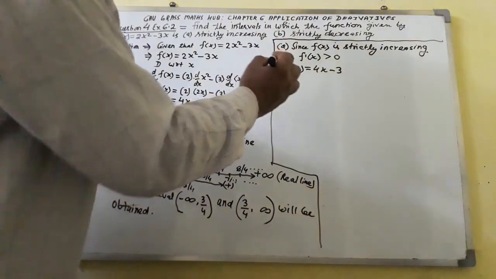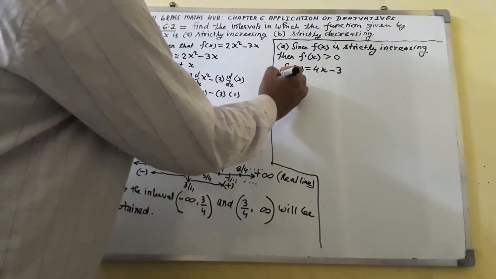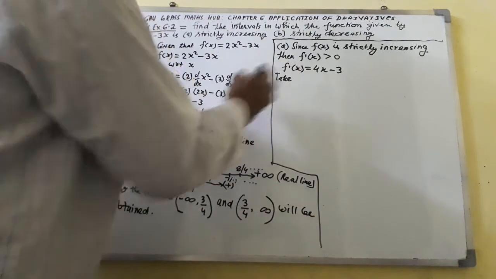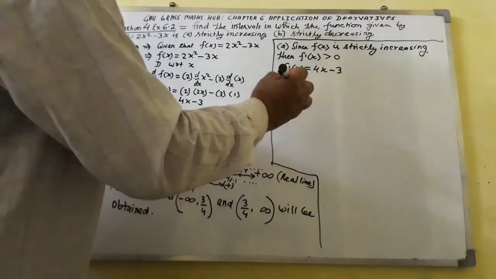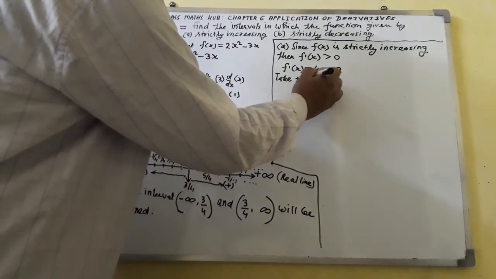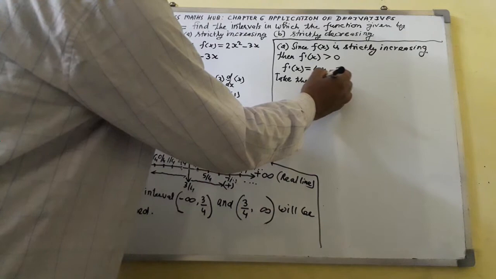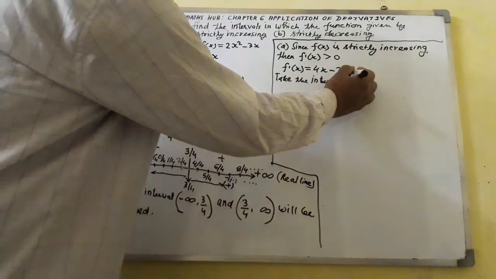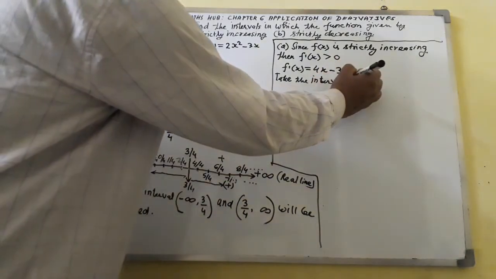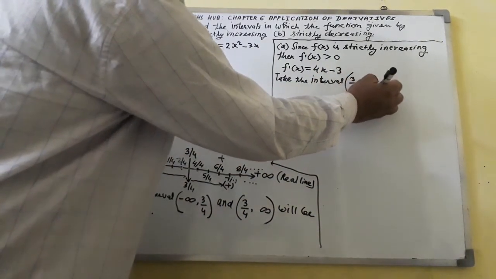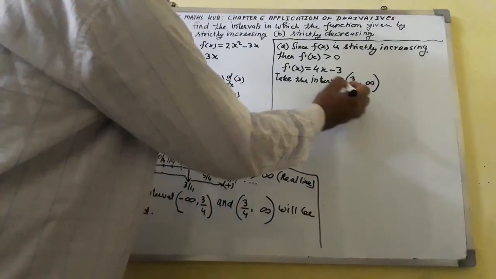So I shall take the open interval 3/4 comma infinity.